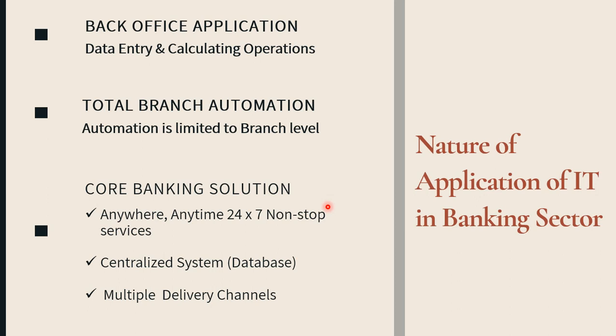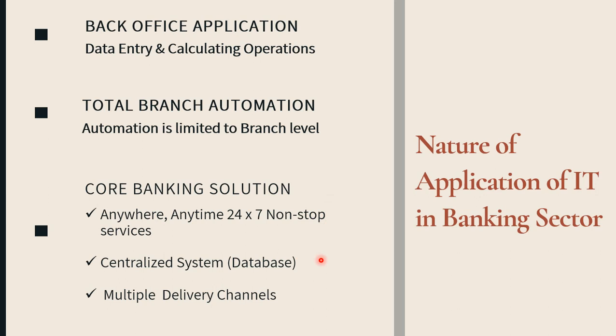The database is a centralized system, which means you can withdraw your money from any bank's ATM. You can use your plastic cards like ATM, credit and debit cards at any point of sale terminal device, and in any ATM machine. It is happening because of the centralized system of data and multiple delivery channels.